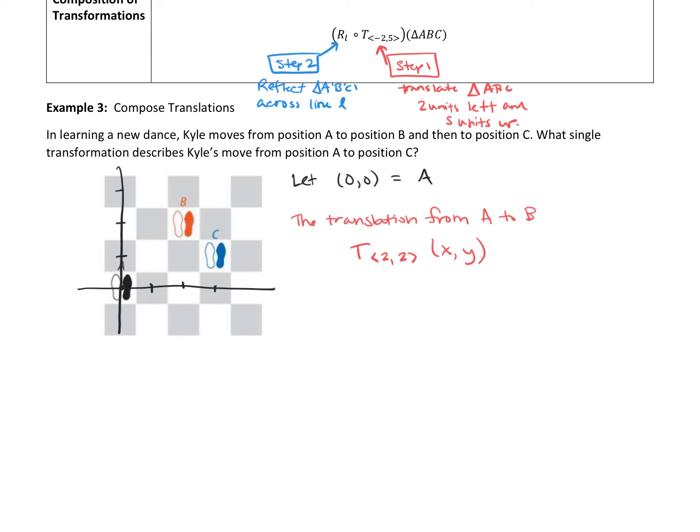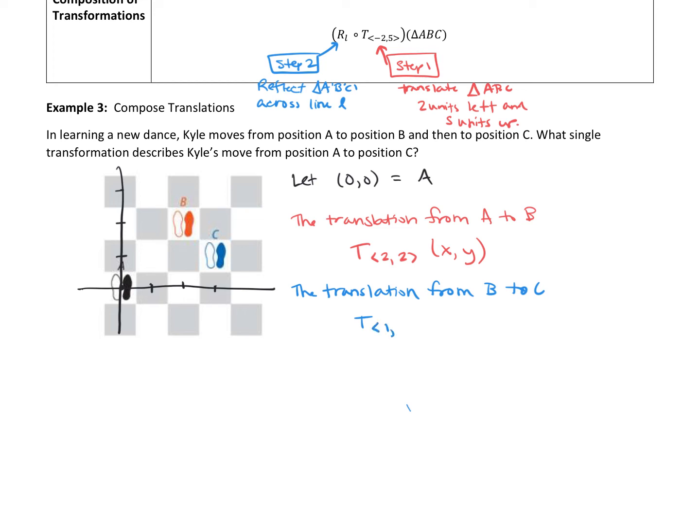So the translation from B to C is, let's see, first think about your horizontal movement. We're going to the right one and then down one. So to the right one is going to be a positive one.